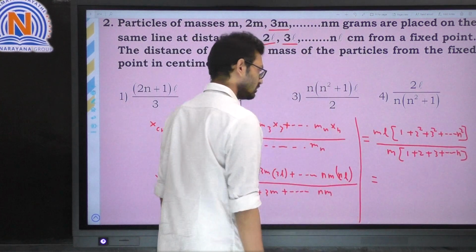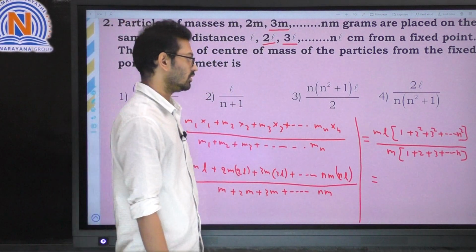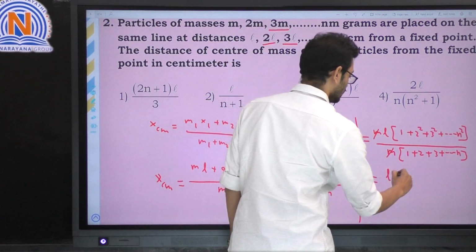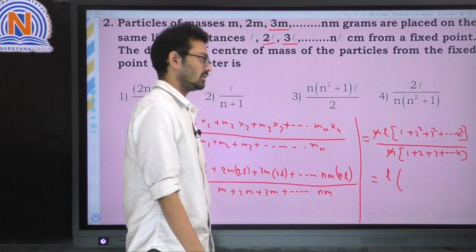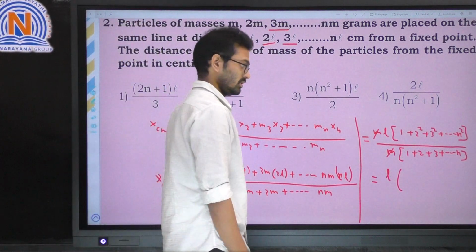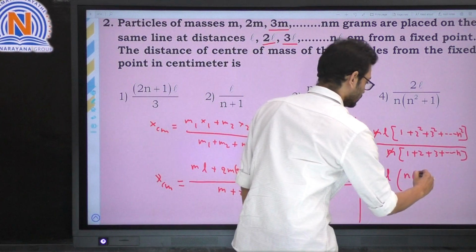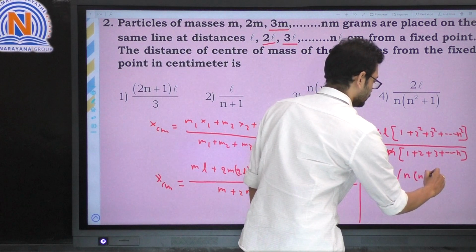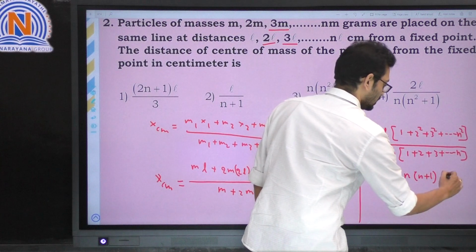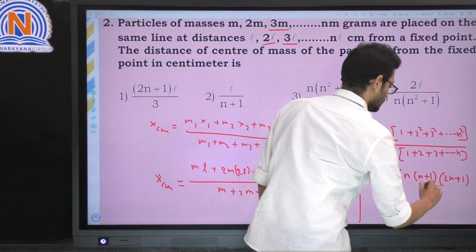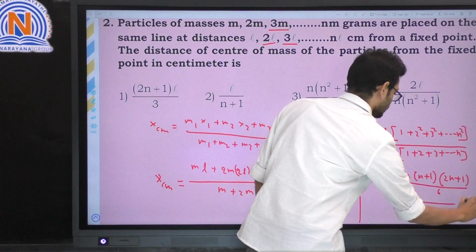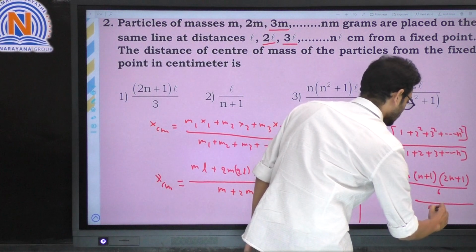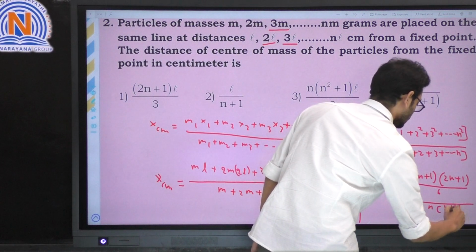So we know from the series formula, what happens? L into 1 plus 2 square plus 3 square plus so on n square. The sum of the squares of the series is going to be n into n plus 1 into 2n plus 1 by 6, divided by n into n plus 1 by 2.